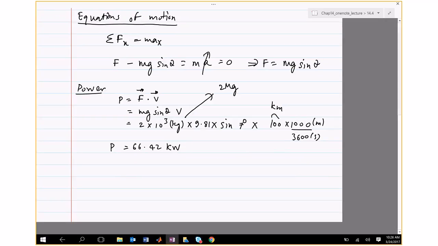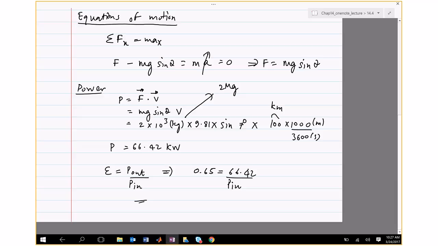Now, the efficiency is defined as the power out divided by the power in. Okay, so the power out is 66.42 kilowatt, right? That is the output power from the engine. The input power is unknown, and the efficiency is 0.65.